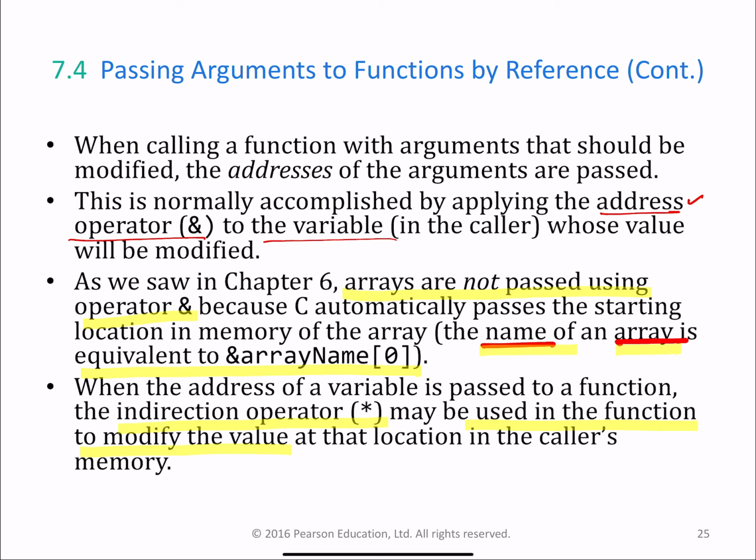But if you want to comply with what is being said right here, and I think we demonstrated that in a previous example as well, you can send the address of the first element, element 0, with an ampersand in front of it. This is equivalent to sending the name of the array, which is what we've been doing.